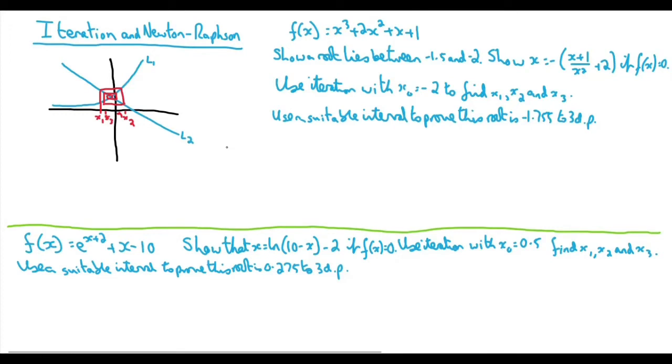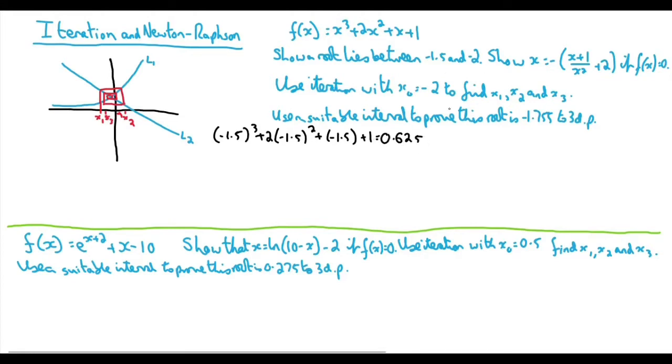So to start off with, if we were to do minus 1.5 cubed plus 2 times minus 1.5 squared plus minus 1.5 plus 1, that would get you a value of 0.625.